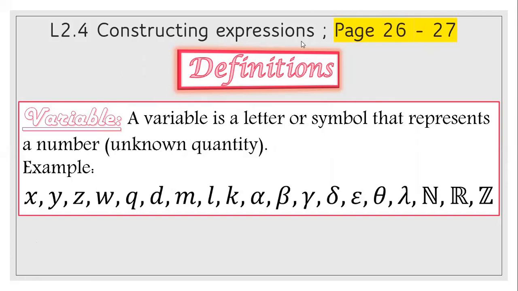I just want to label them for you. These are some special symbols for natural numbers, real numbers. You're not going to use them all. It's totally up to you.